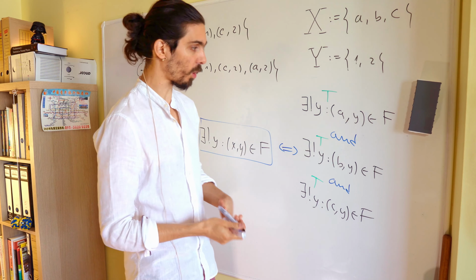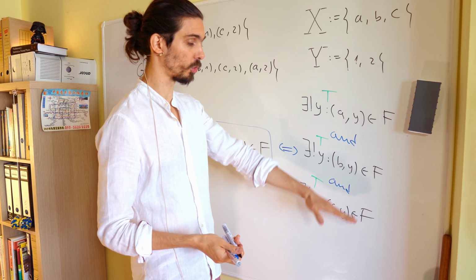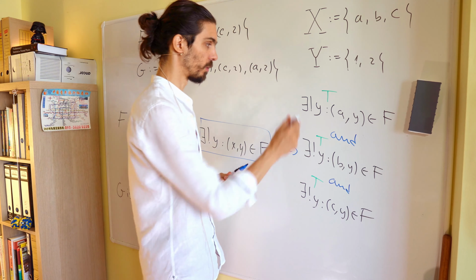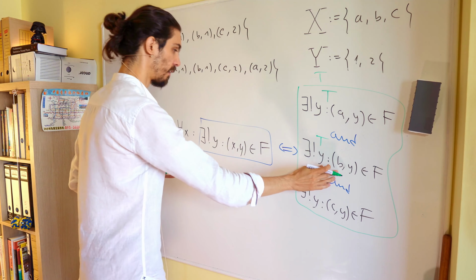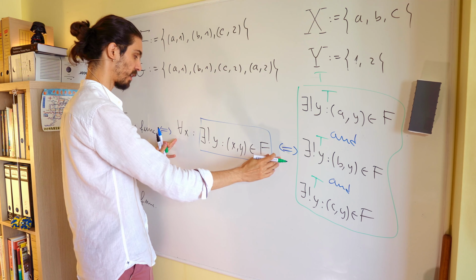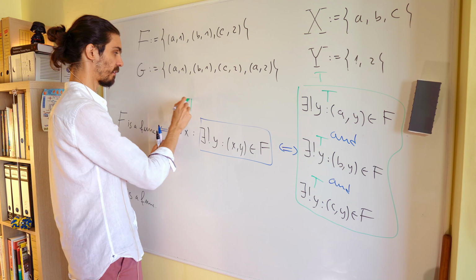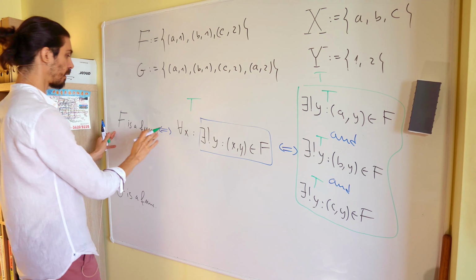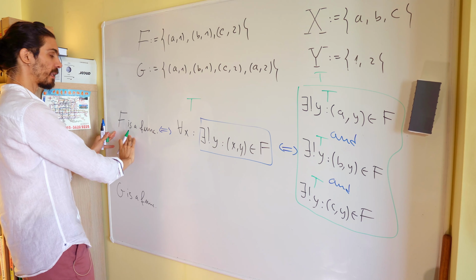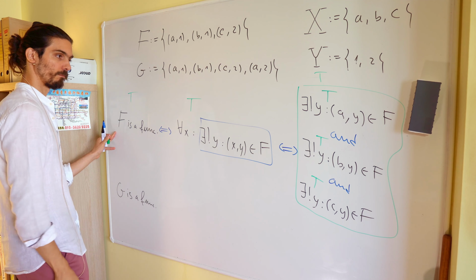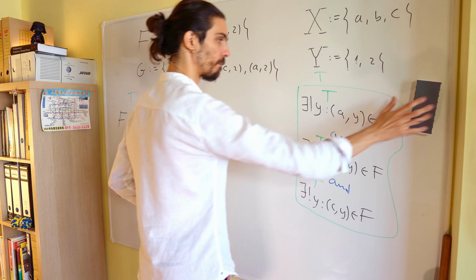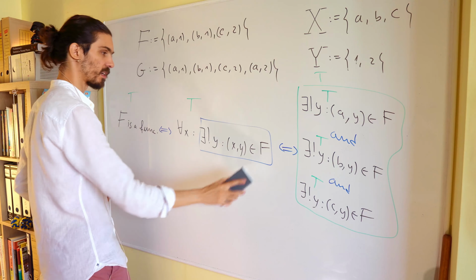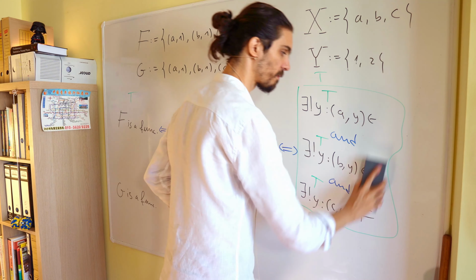Now, because this is true, the entire thing is true, because this statement is equivalent to this one, and finally, because this is equivalent to this statement in English, this is true. Okay? Now, let's look at G. And instead of writing this again, let me just replace the F by the G.